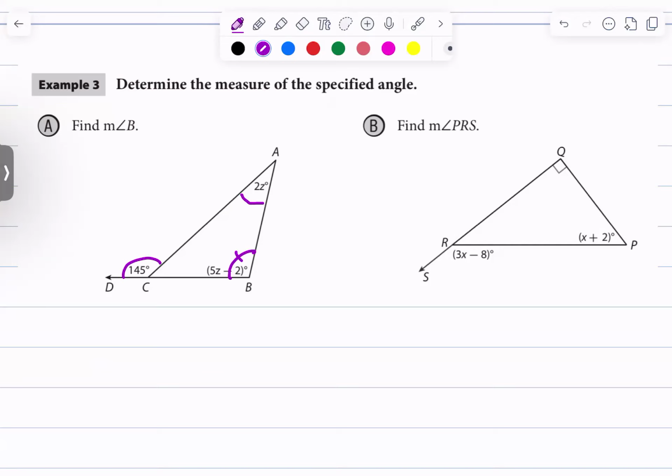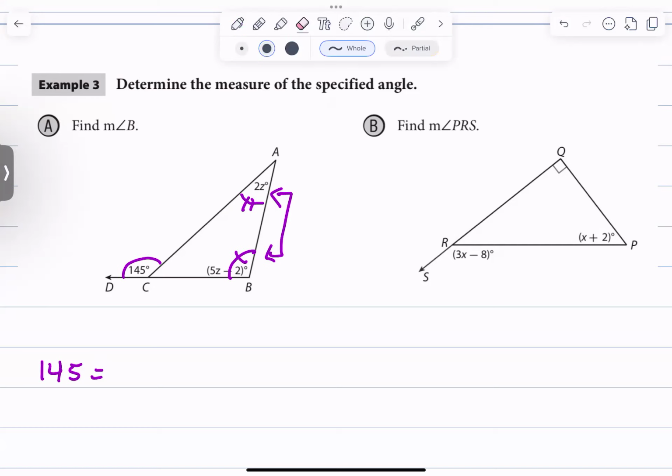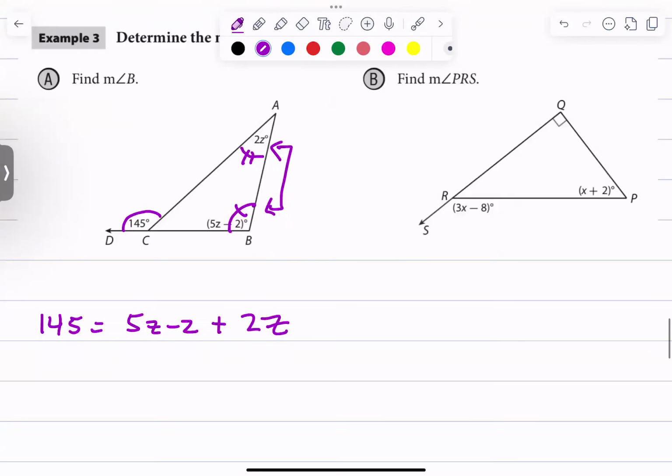And these guys here are my two remote interior angles. Okay? So I know 145 is going to equal 5z minus 2 plus 2z. Okay?